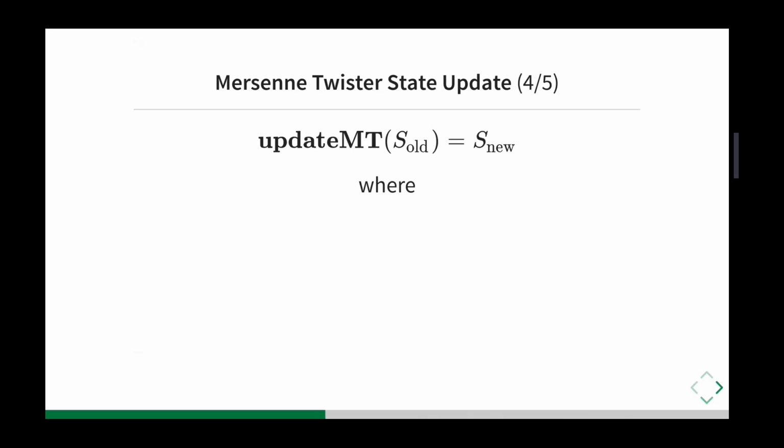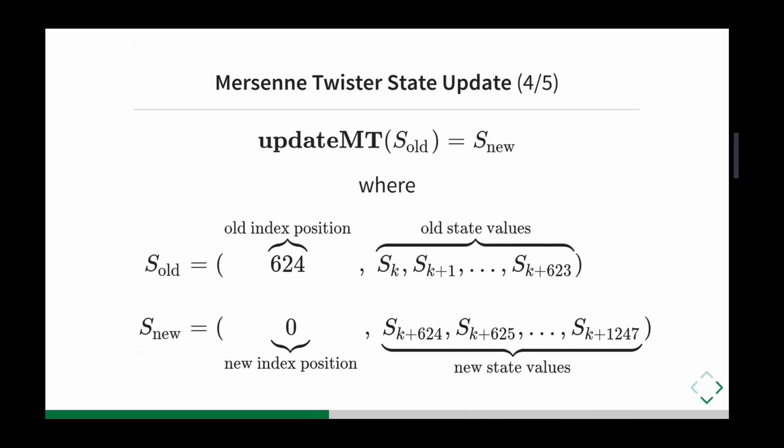We have two states, S_old and S_new. S_old is the previous total state, and S_new is the new total state, where S_old was the one that we got before. Here I use k and not S0, because k is simply the number of times I have updated, in a way.